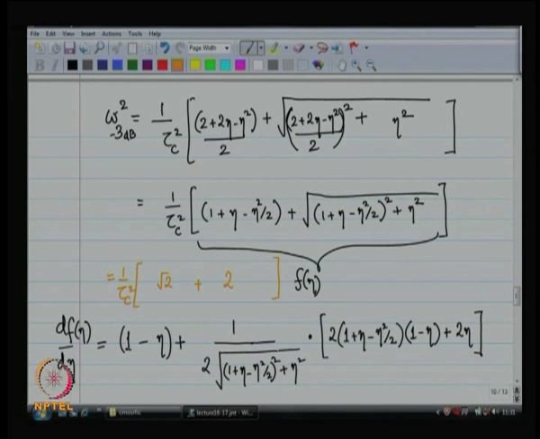So, your bandwidth squared actually increased by about 3.4 times.